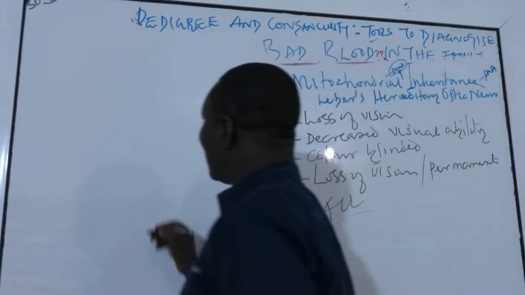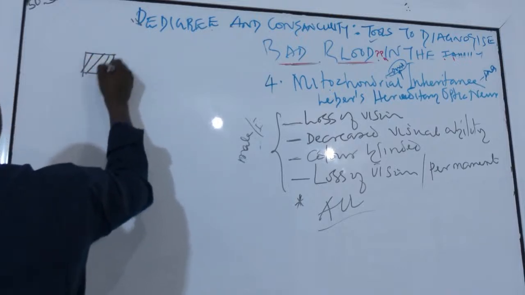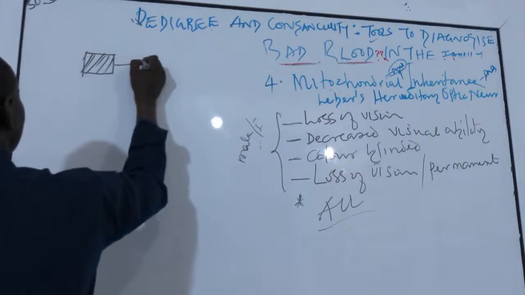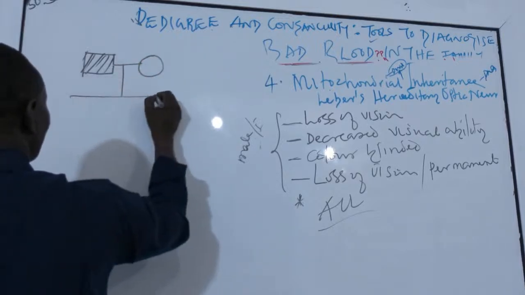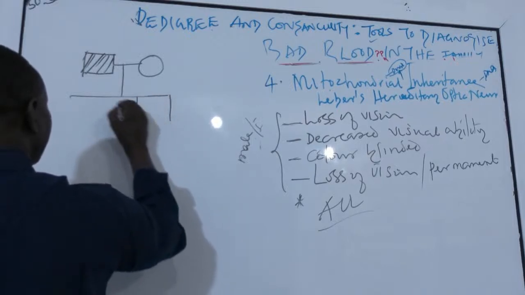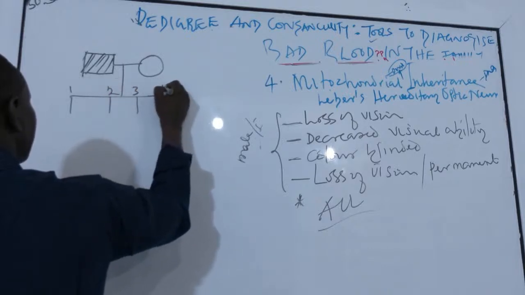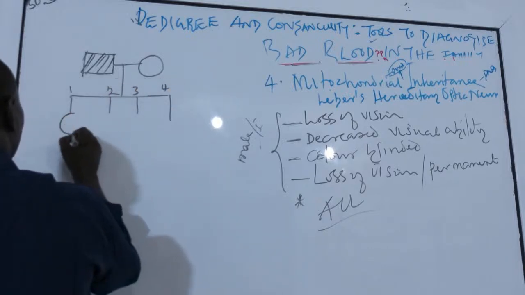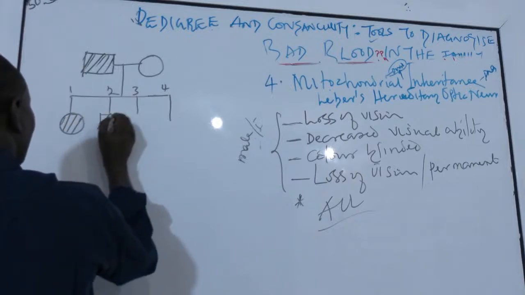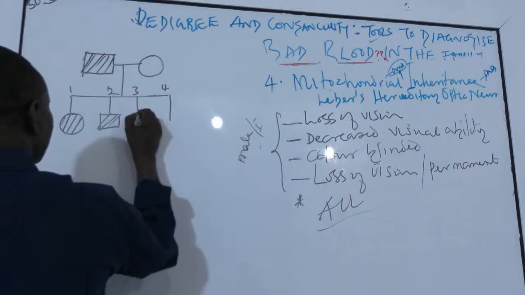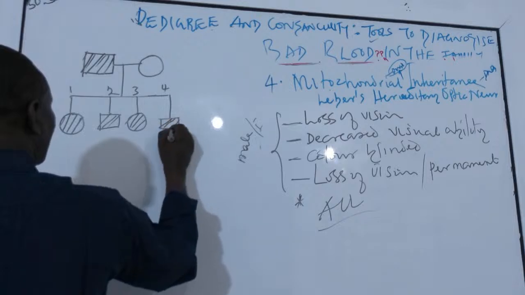So that is one thing that you need to know. Now let's assume, as a hypothetical example, that it is the father that is having it. Irrespective of the number of children that they will have, child 1, child 2, 3, 4, whether they are male or female, all will be affected.